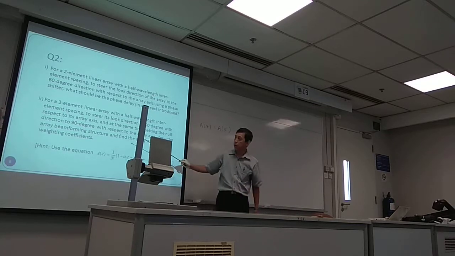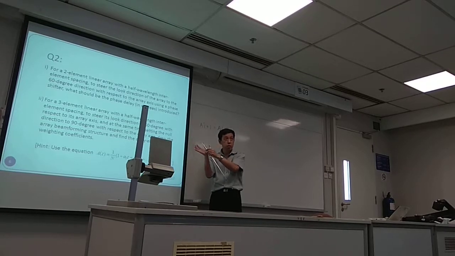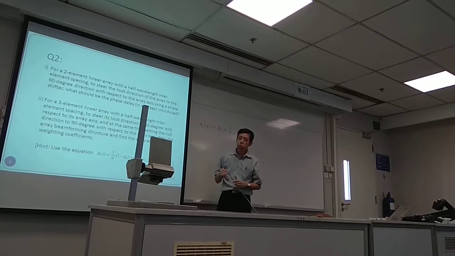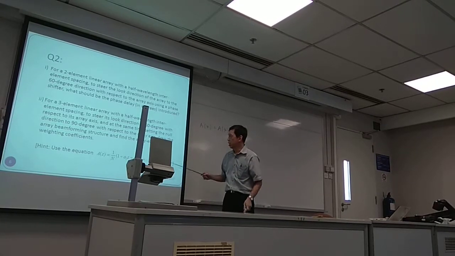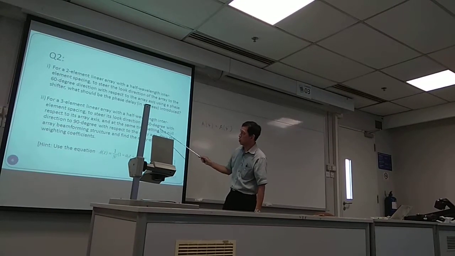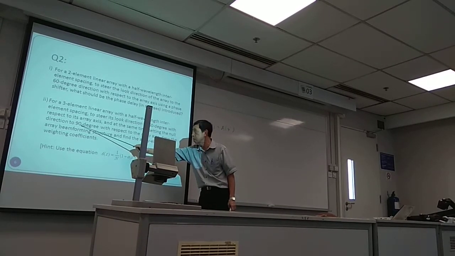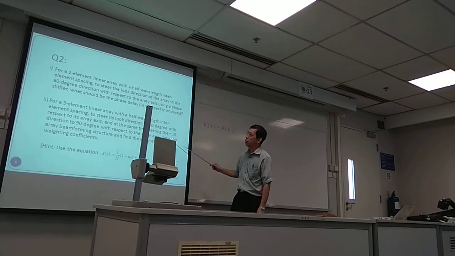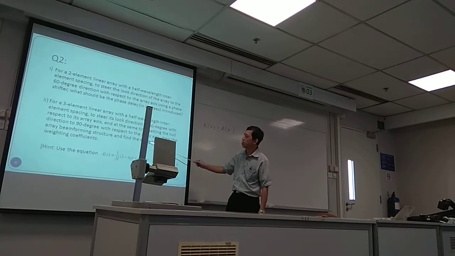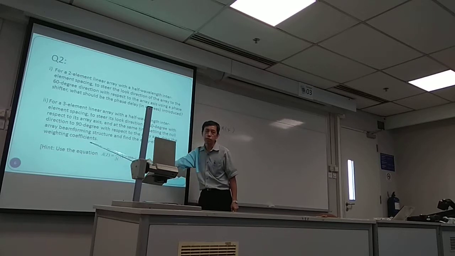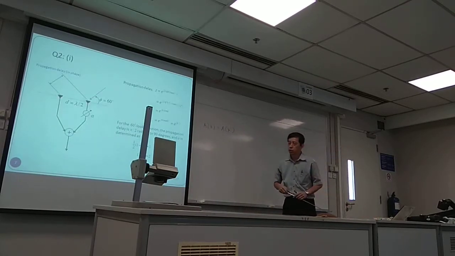But for the second part, not only you want the beam to be steered at a particular direction, you are supposed to cancel a signal which is unwanted, right? And where is the signal which is unwanted? It is located at the 90 degree direction. And so here you are asked to draw the beamforming structure and find the array element weighting coefficients. So basically, that's what you have to do.